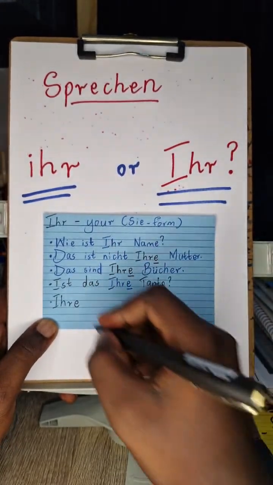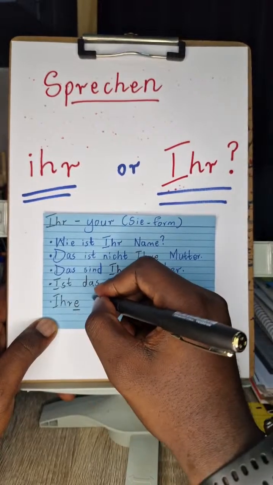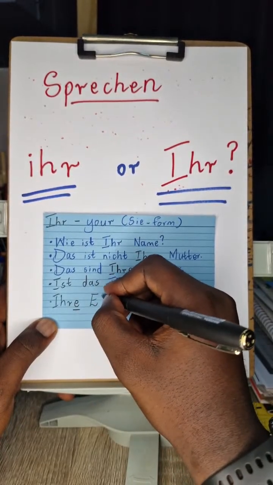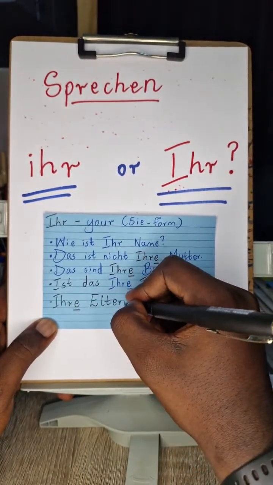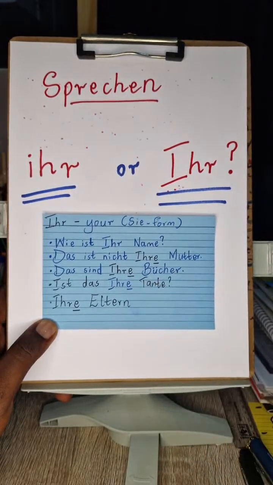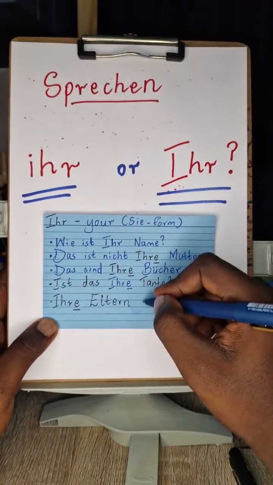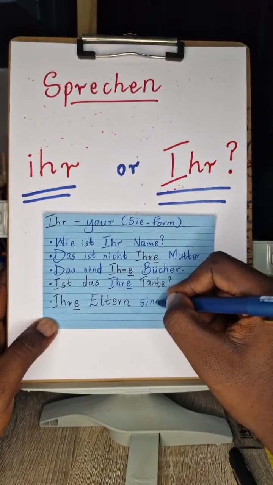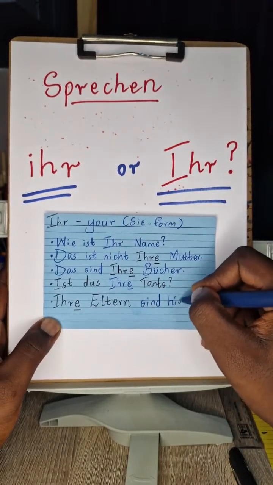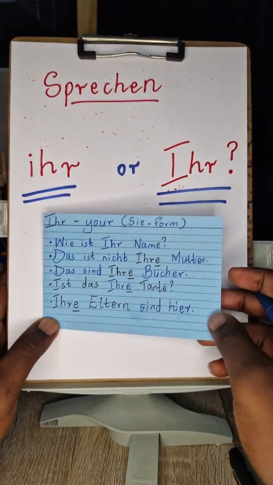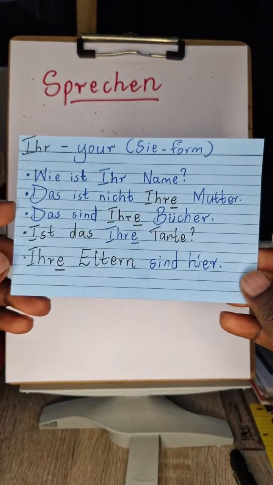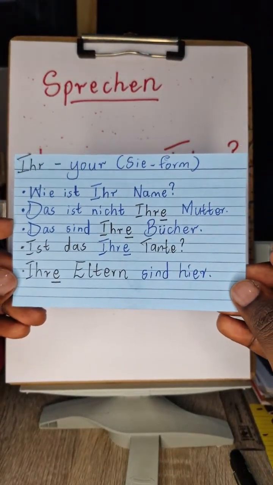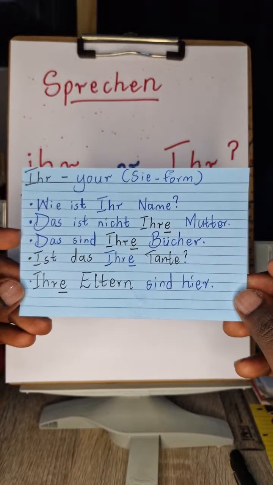I'm using ihre specifically because parents is plural, right? So ihre Eltern sind hier. Look at that. Your parents are here. Ihre Eltern sind hier. Your parents are here, right?